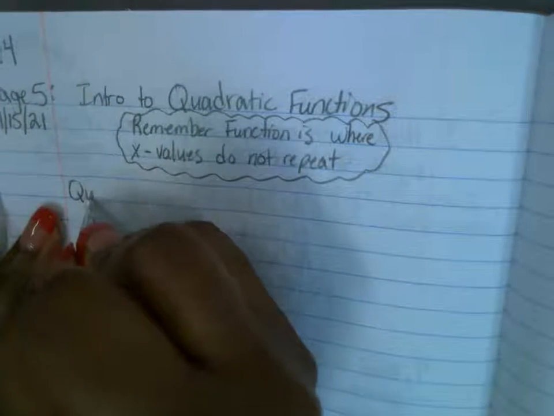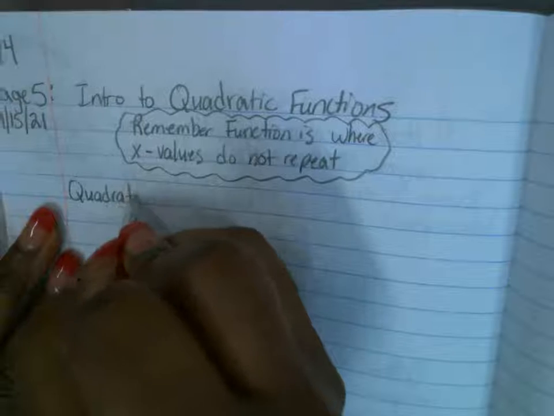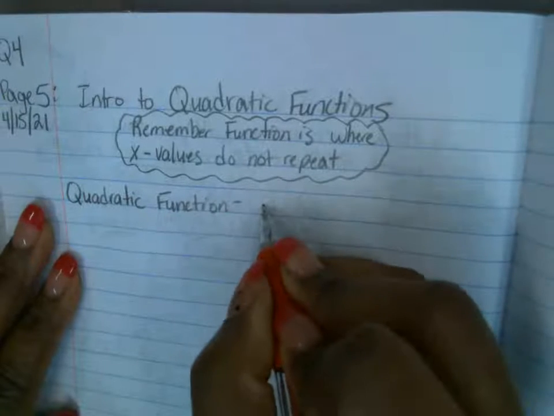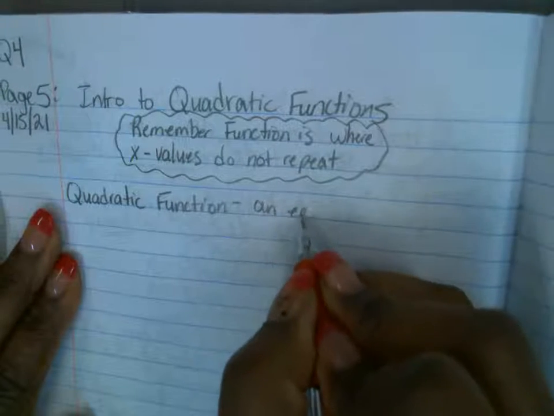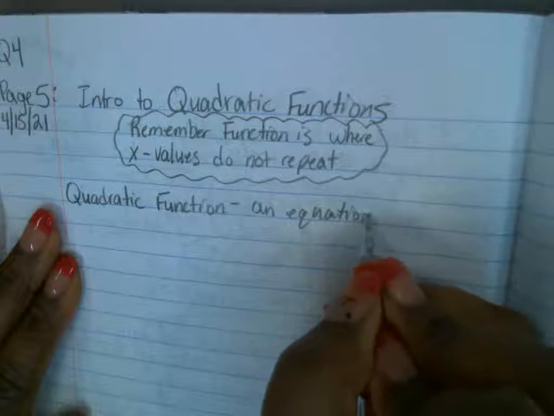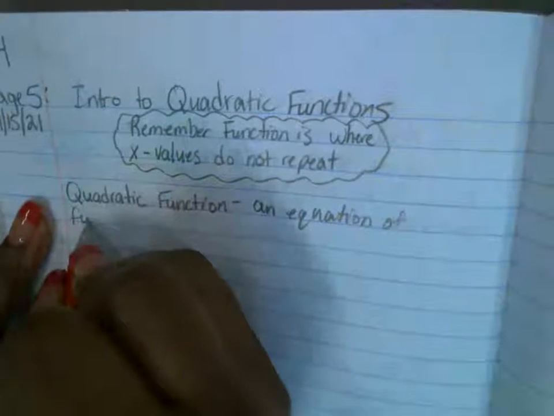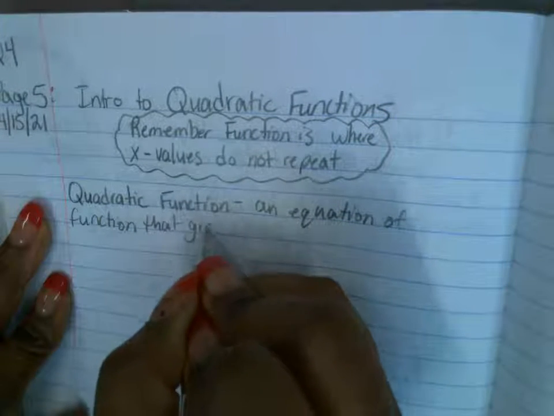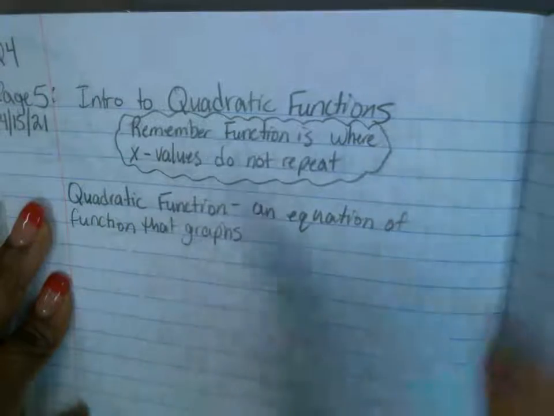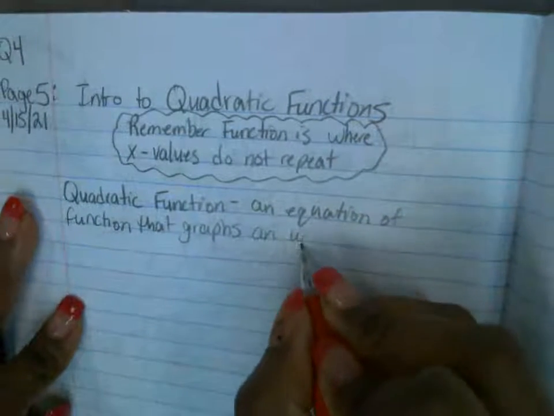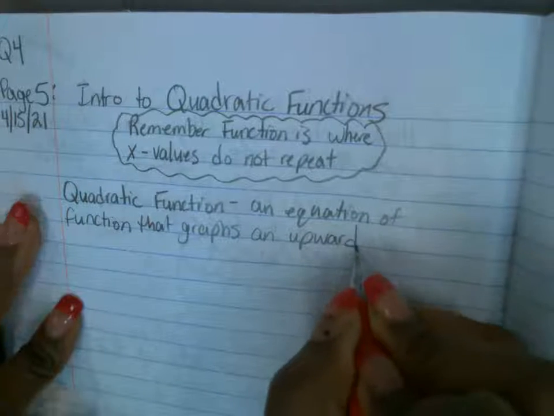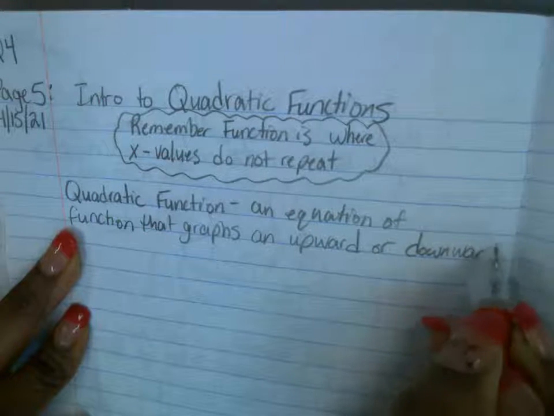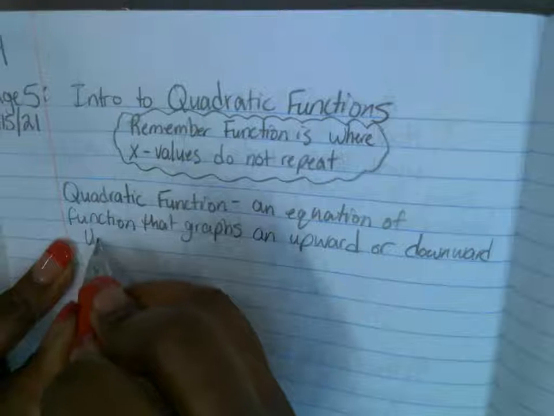A quadratic function is an equation of a function that graphs an upward or downward U-shaped line.